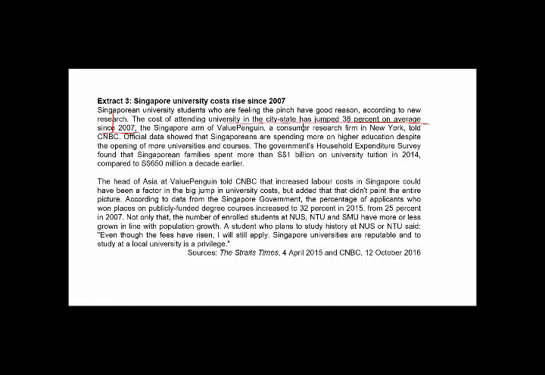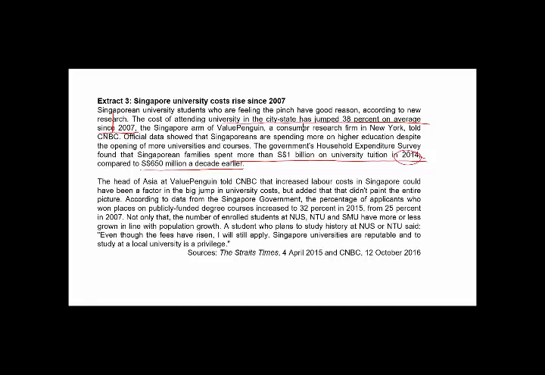Singaporean families spend more than $1 billion on university tuition. Tuition here is not your private tuition; it is your school fees. That compares to $650 million a decade earlier, so that explains the 38% jump. A decade earlier it spent less, but in 2014, about $1 billion.